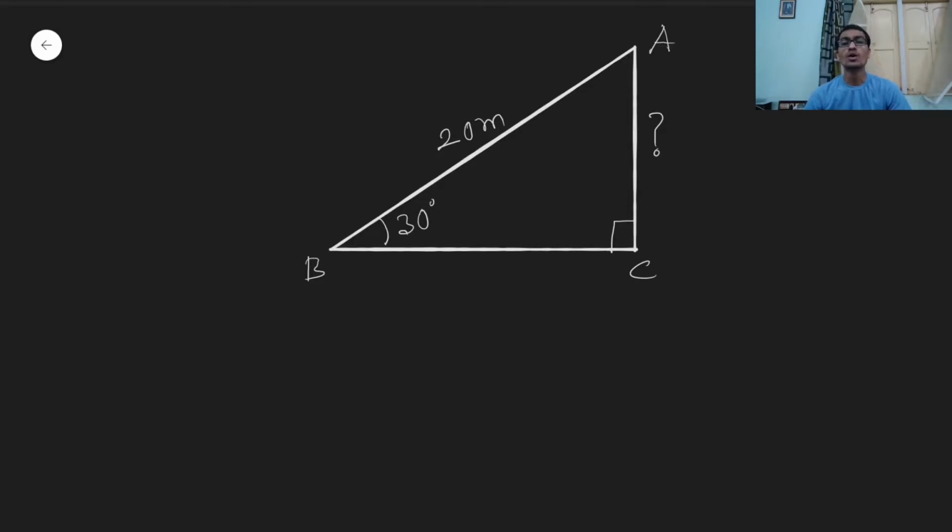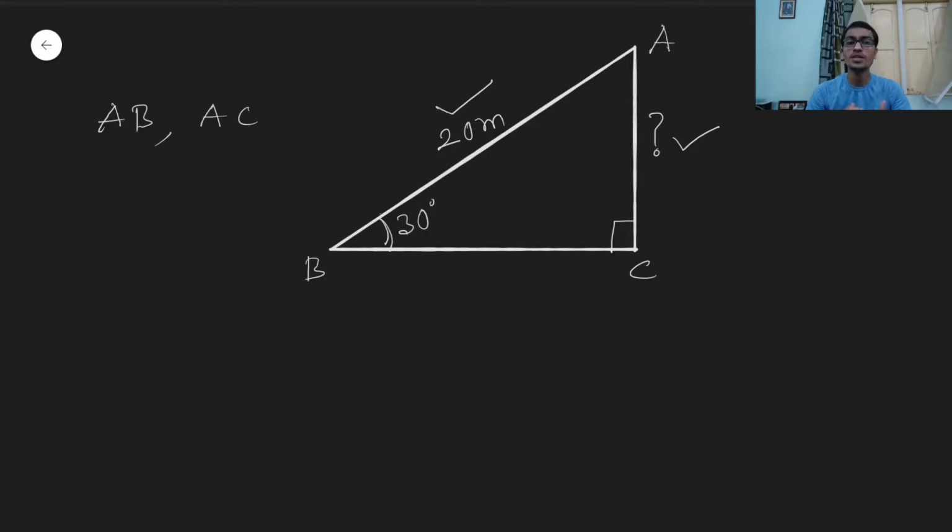Okay, so now we will understand how to think about this kind of problem. So here we have a given side and we have a question about a side, and we have an angle which is known. So here we consider these two sides AB and AC. Why only AB and AC and not the side BC?